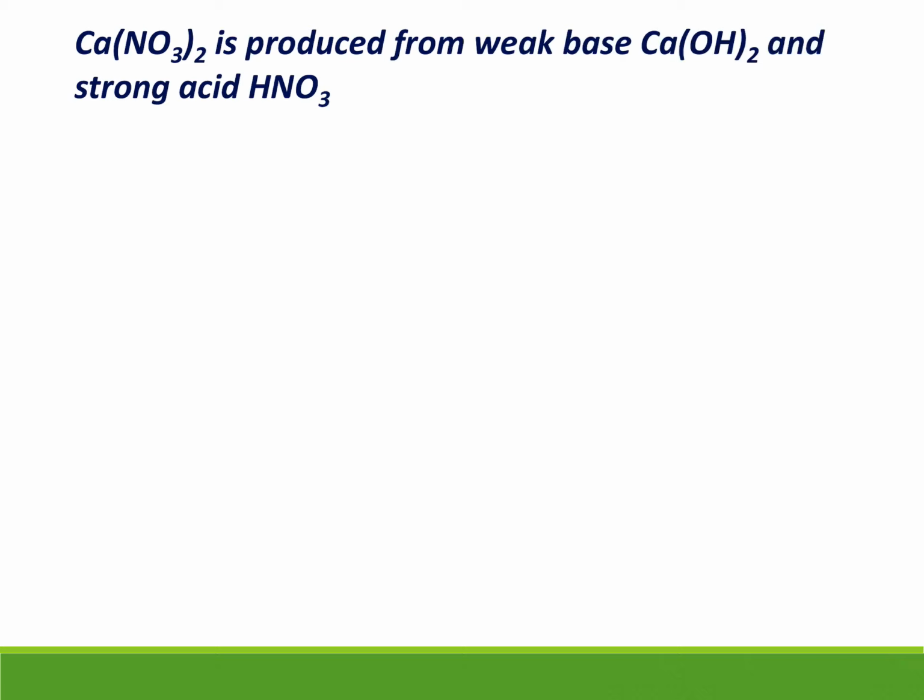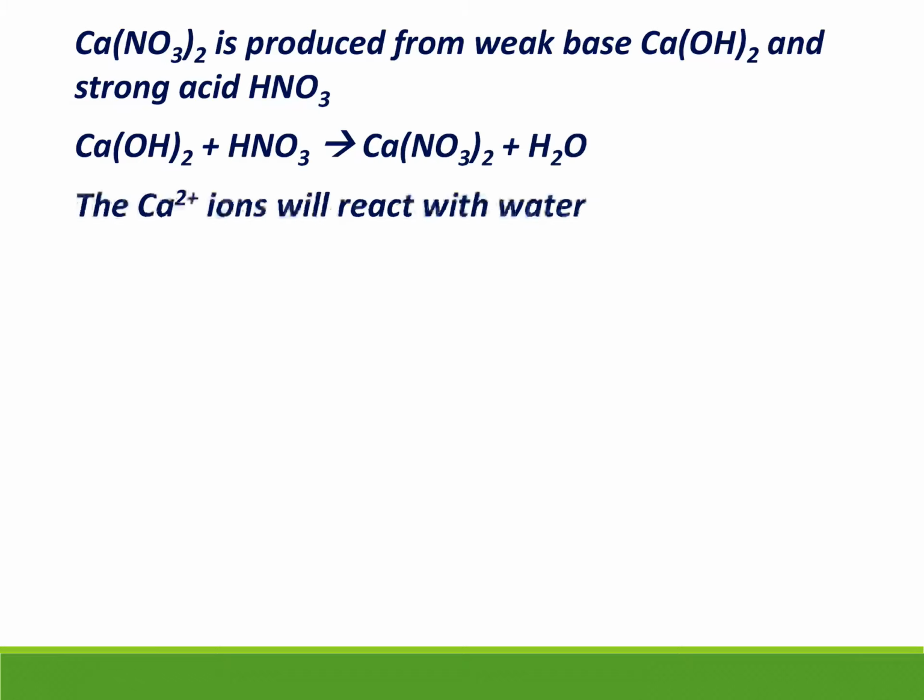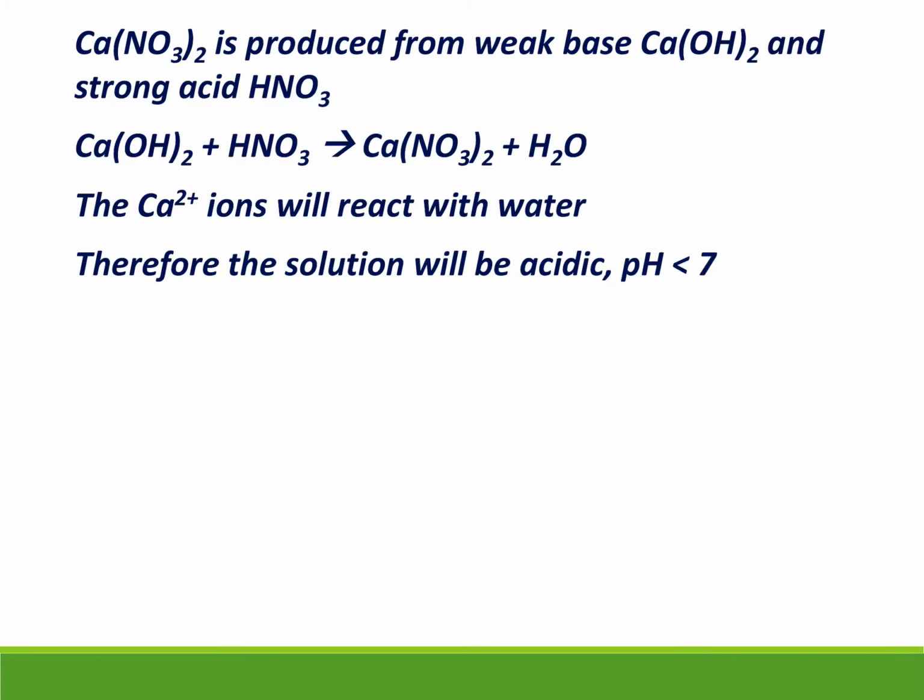Okay, so now watch. Calcium nitrate is produced from a weak base and a strong acid. There's the reaction. The calcium ions will react with the water. I will never ask you to work out how that reaction happens. That's just never going to be one of the things you need to do. Therefore, the solution will be acidic and the pH will be less than 7.